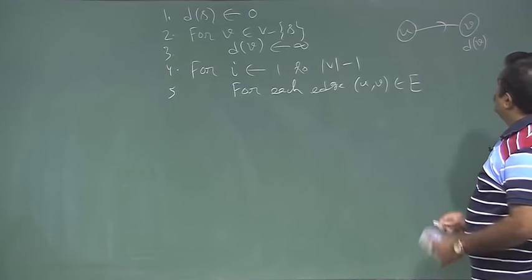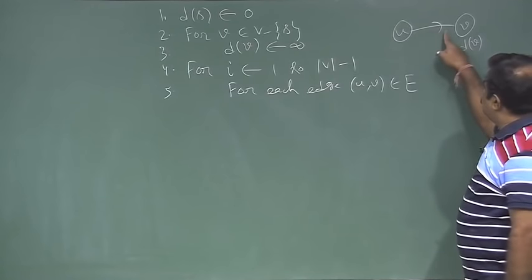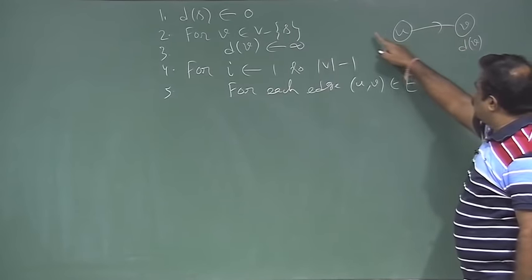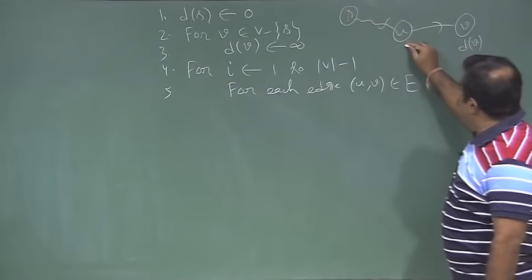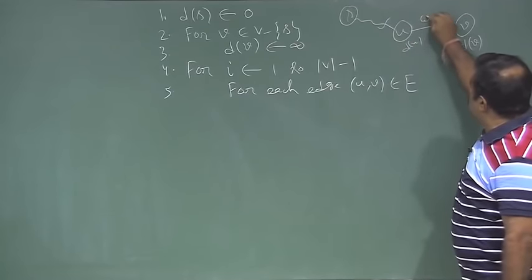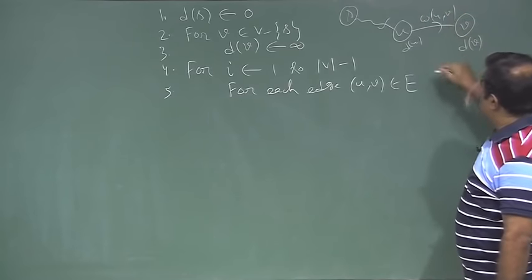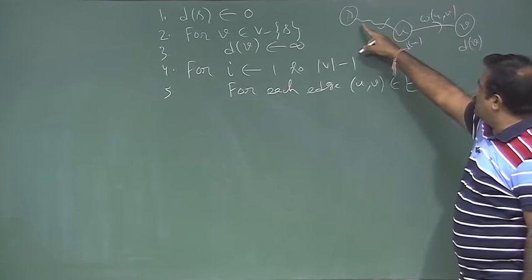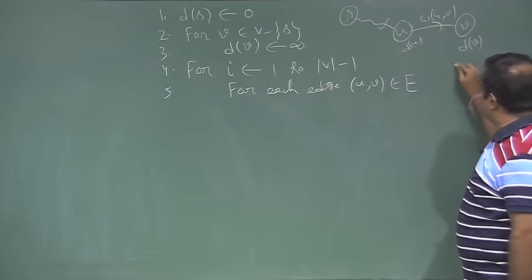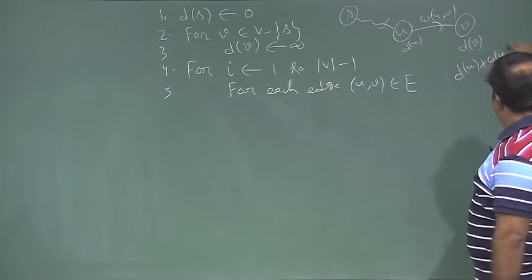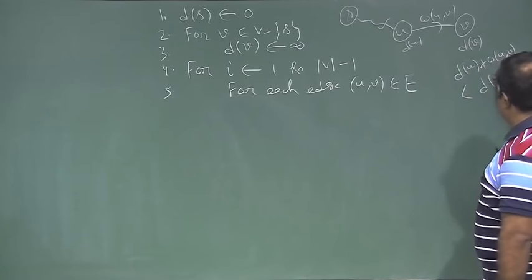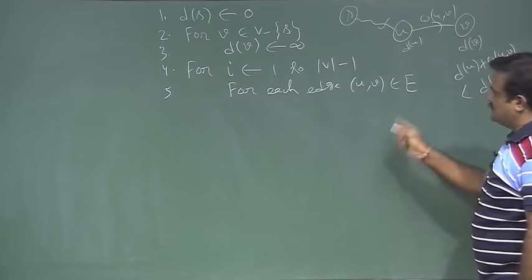Now for this edge we have a new path. S to this node is d of U, then W of UV. So the path from S to V is d of U plus W of UV. If this is less than the path we have, then we must relax this.